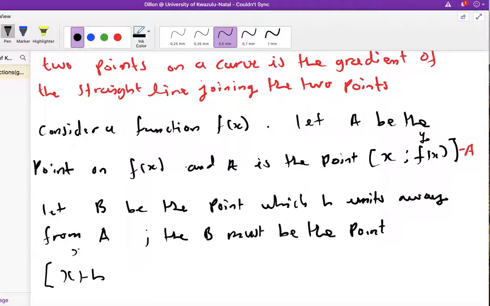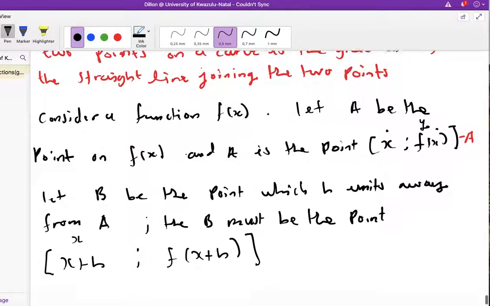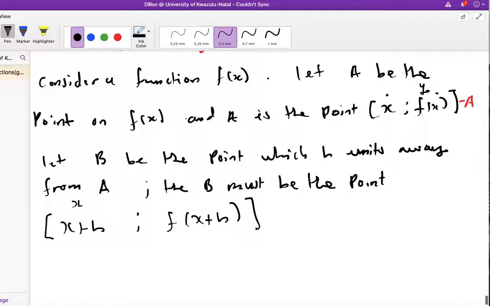So this is your new x value, because it's h units away from the point A. And in terms of y value, it should be f of x plus h, because this function value corresponds to this x value. So that's why the arguments in the function change. The arguments mean what's in the brackets.